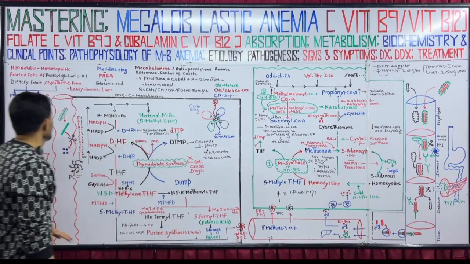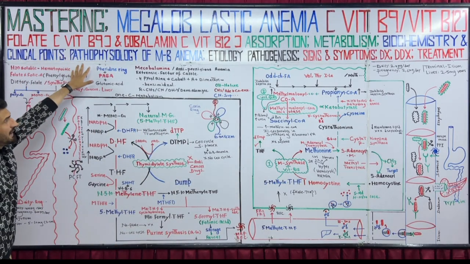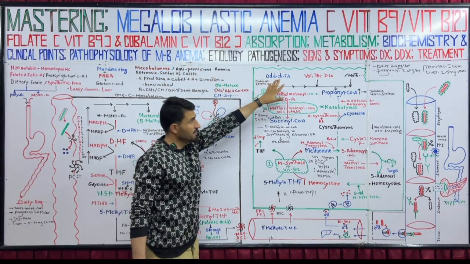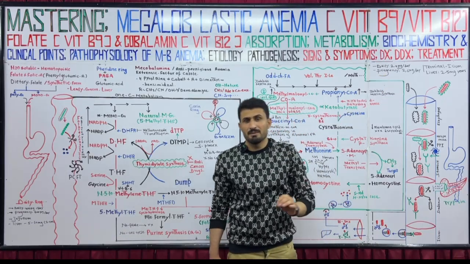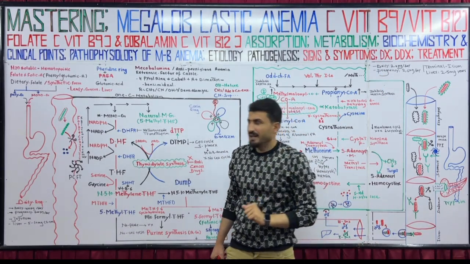Okay, so during this lecture, first of all, we'll talk about folate or vitamin B9 and cobalamin or vitamin B12 absorption, then its metabolism, then its biochemistry, plus some related clinical points.